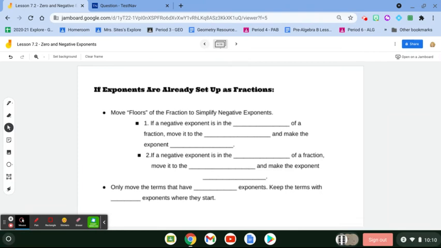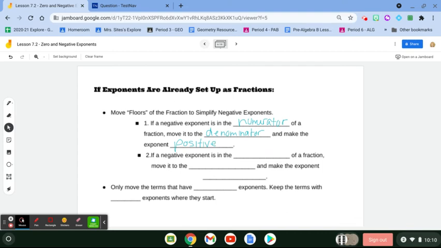So what that means is if a negative exponent is in the numerator of a fraction, then you need to move it to the denominator and make the exponent positive. So we no longer would need to put the 1 underneath it and flip it.